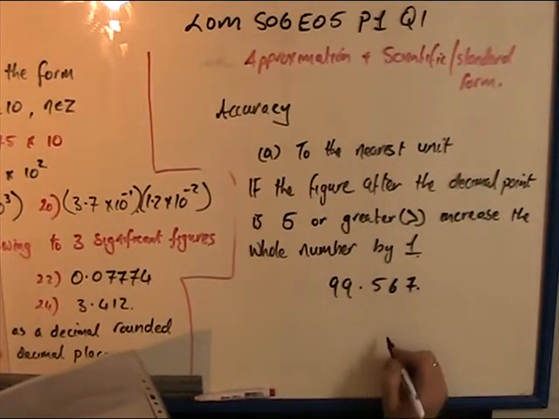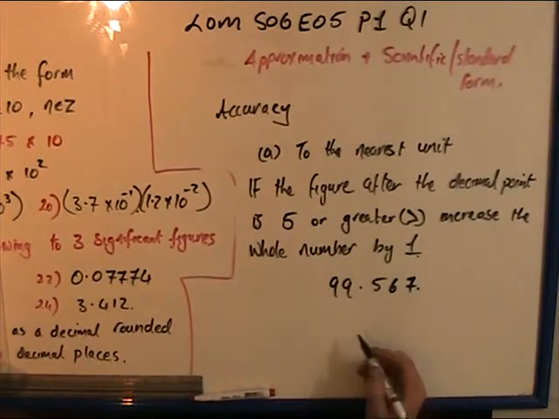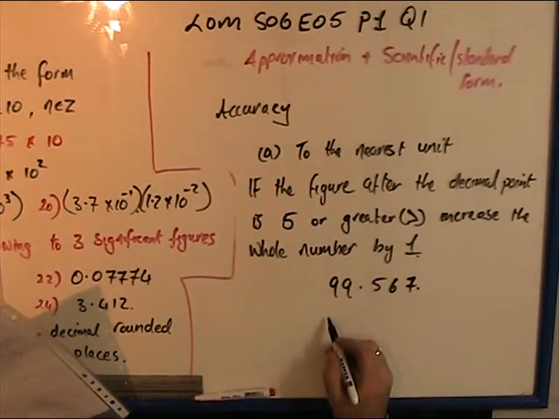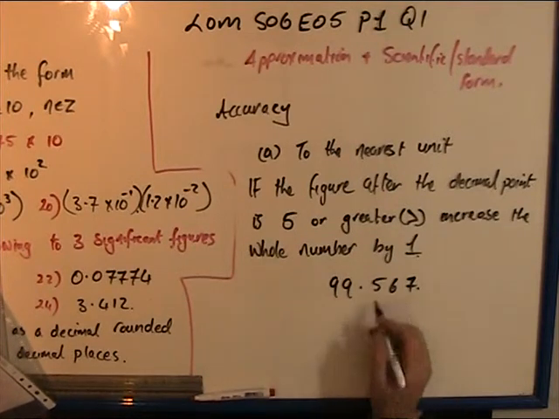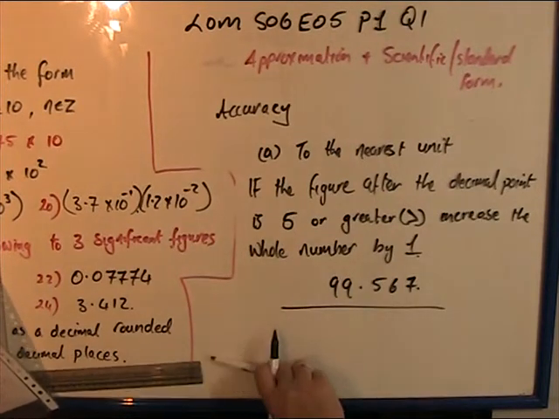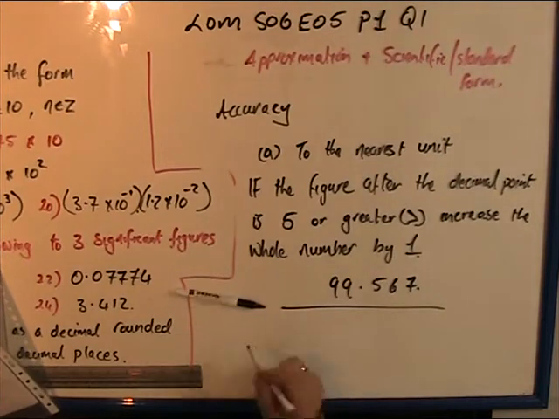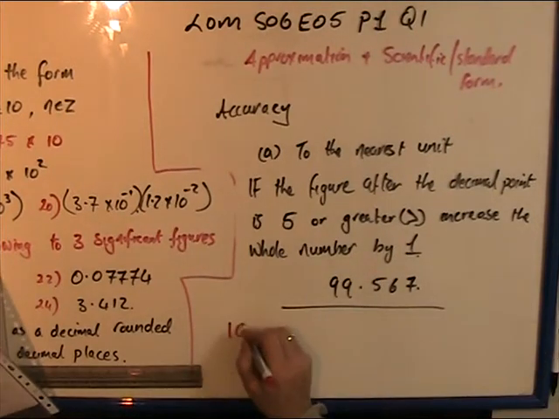Okay, now for example 99.567. Let me just do an aside here. When I write down an approximation, somebody says, oh, it's approximately 100.